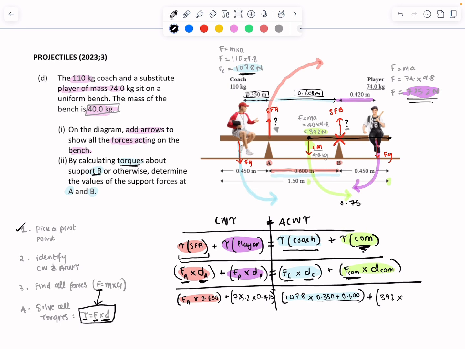So how do we figure out this length over here? We can see from B to the end of the plank is 0.450 meters, okay? And so if the total length from center of mass to the end of the plank, let me just draw this out. So we know that this is the total length. From point B to this point here, we've got 0.45 meters. So what is going to be the length from here to here?